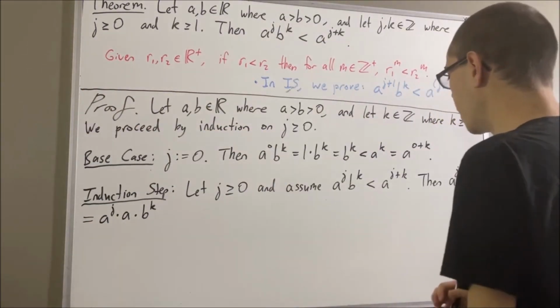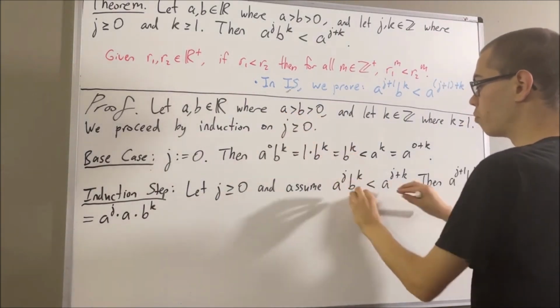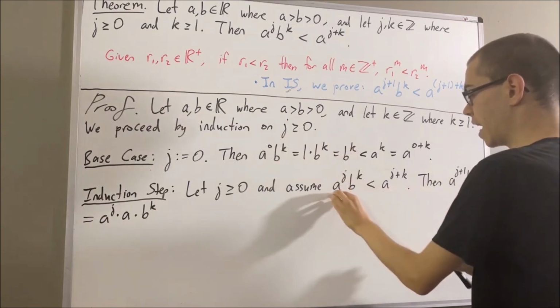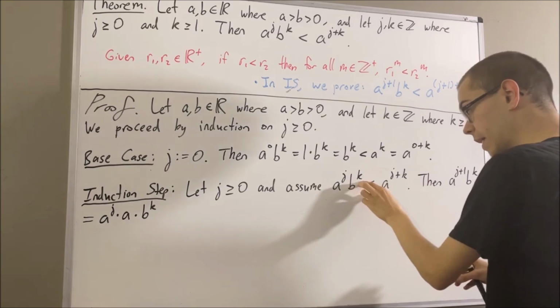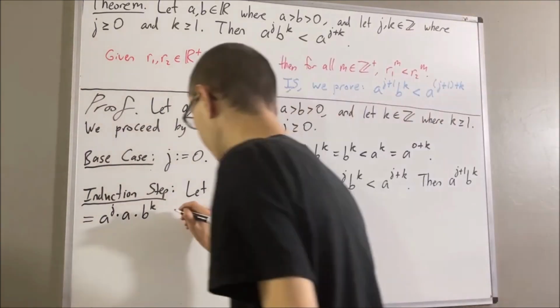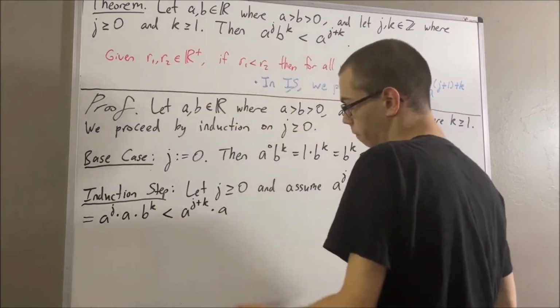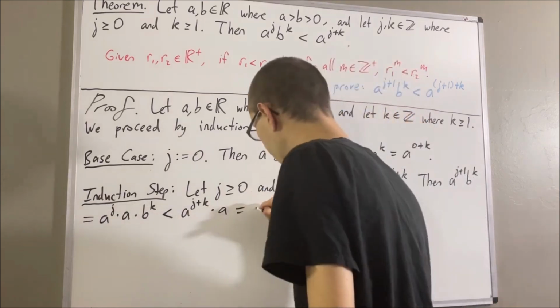But then, if we take this inequality and multiply the positive number a on both sides, we get that a to the power of j times b to the power of k is less than a to the power of j plus k times a. But then, of course, this is the same thing as a to the power of j plus k plus 1.